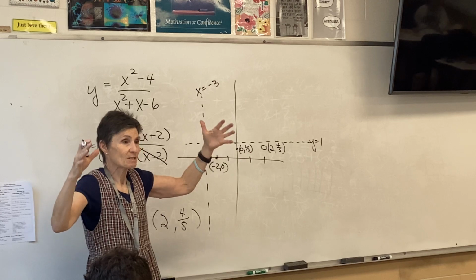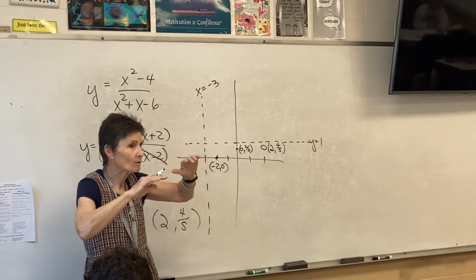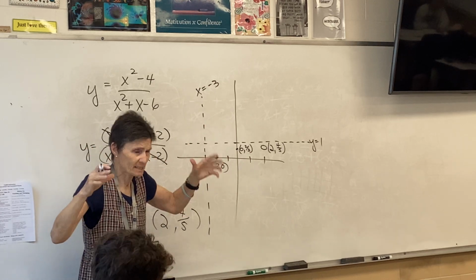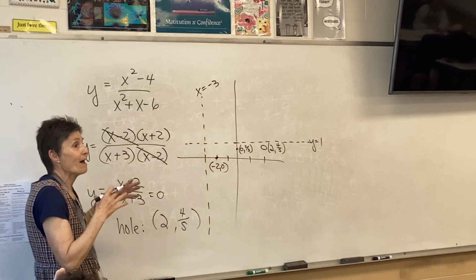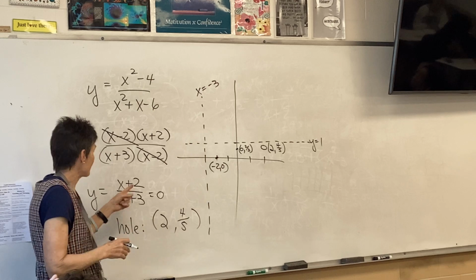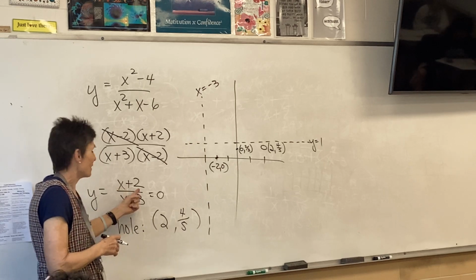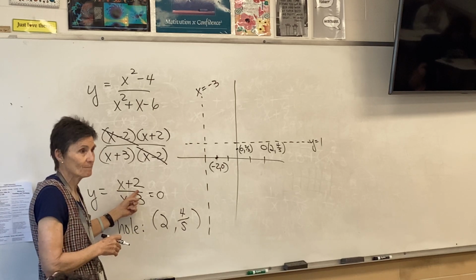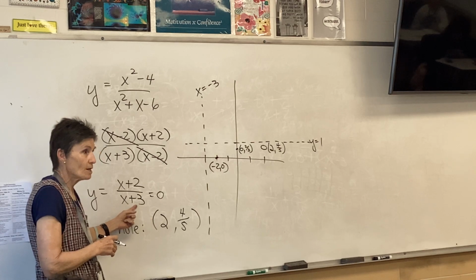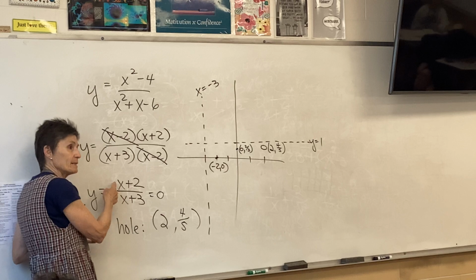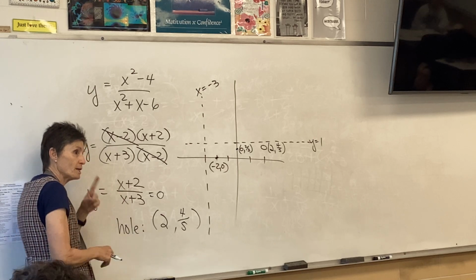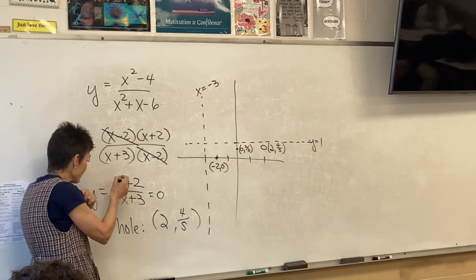As x gets big, and I'm talking about infinity big, billions and trillions big, do the 2 and the 3 have any significance? If this is a billion, that 2 isn't very much, right? And the 3 isn't very much. So basically, if x is a billion, you got a billion over a billion, which is 1. That's why we look right here.